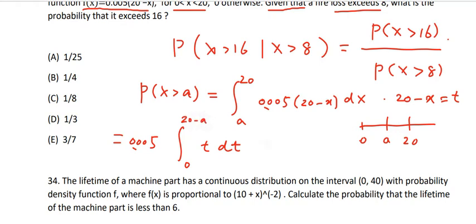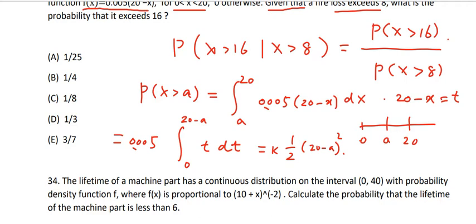So we get this coefficient times half of (20 minus a) squared, right? We don't need to care about the coefficient 0.0005, and it also cancels this half.